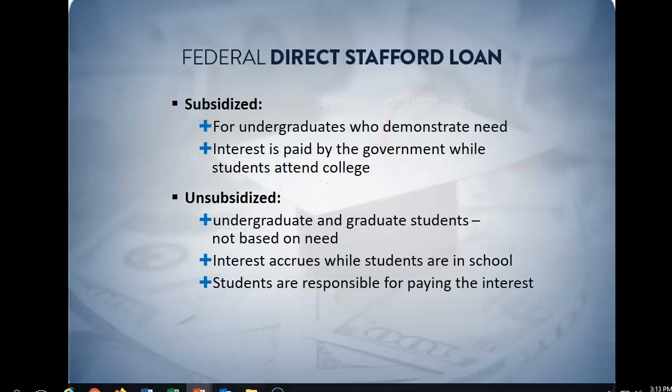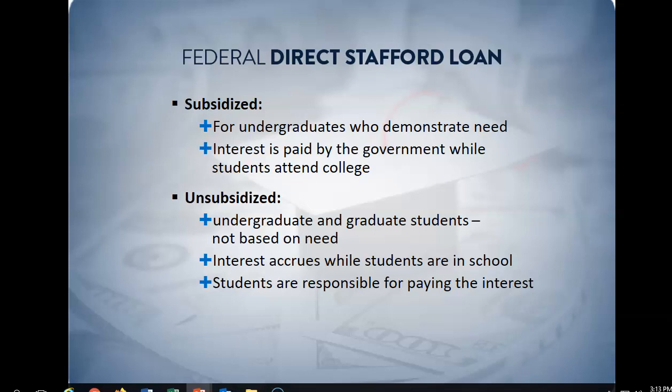Earlier I mentioned the category of loans. There is one type of federal direct loan, called the Stafford loan. Two variances of it, but the major one is the direct Stafford loan, which is for undergraduates who demonstrate financial need. I'd already discussed what constitutes the term need.